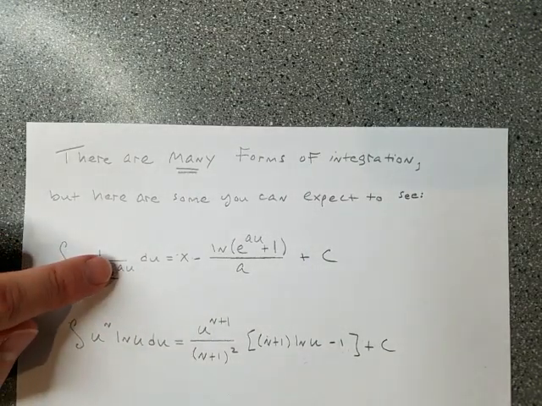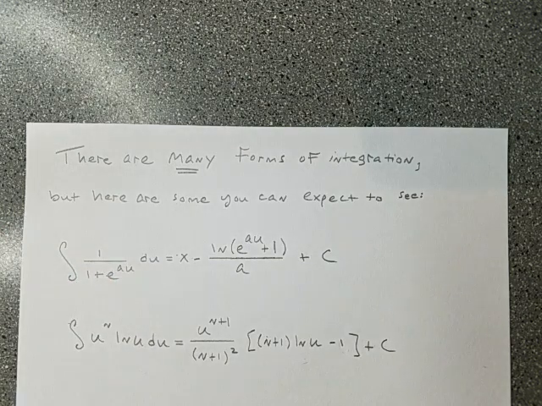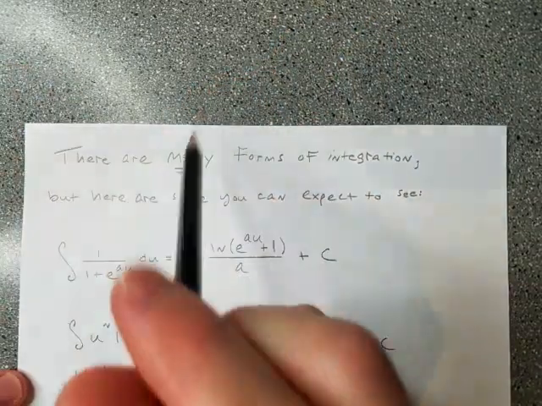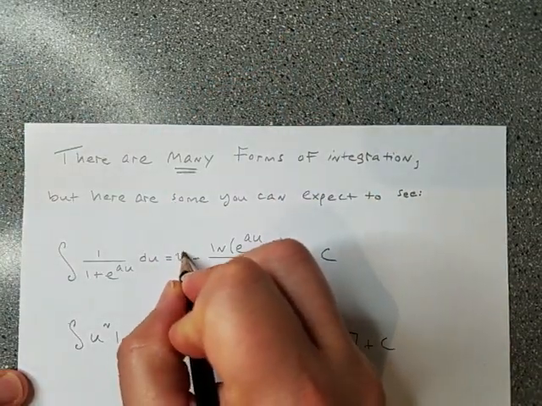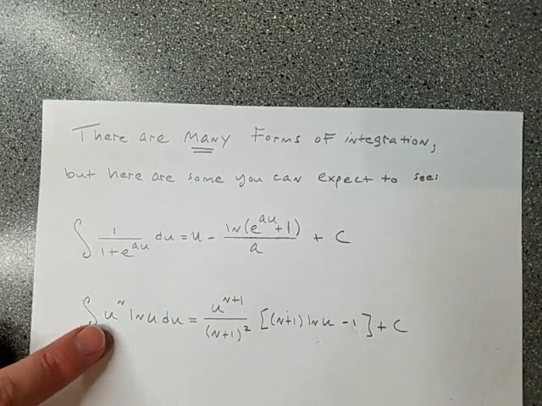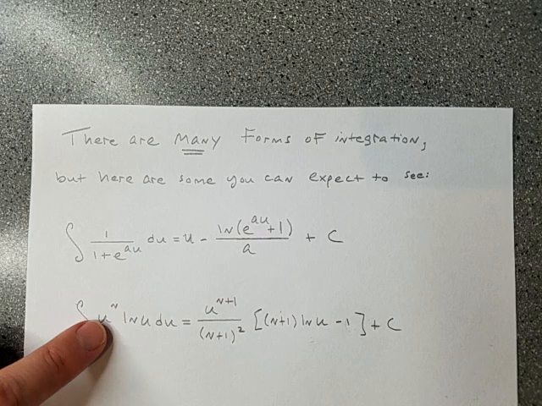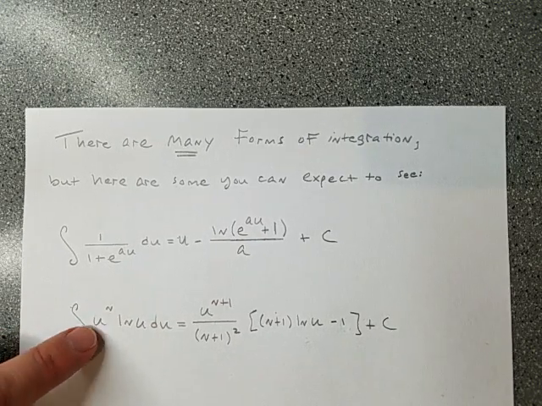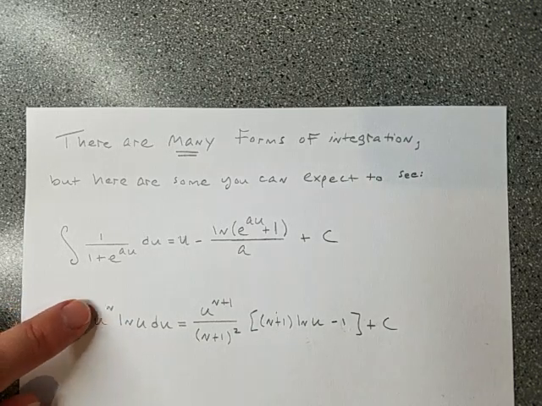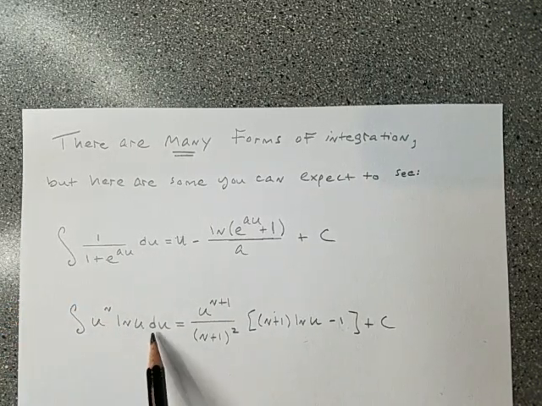Again, a is a constant, u is the variable, all right? Oh, whoops, I meant to write that as a u, because u is the variable, all right? And this one, maybe if you saw something like u squared natural log of u, or u to the 3rd power natural log of u, something like that. Here, n is a constant, it's an exponent right there, and u is the variable, all right?